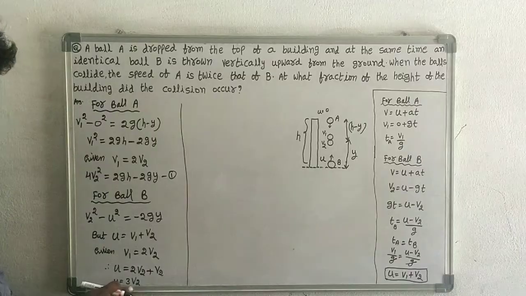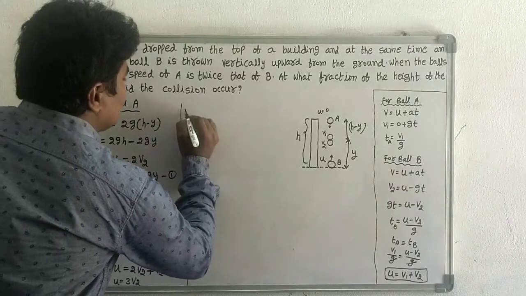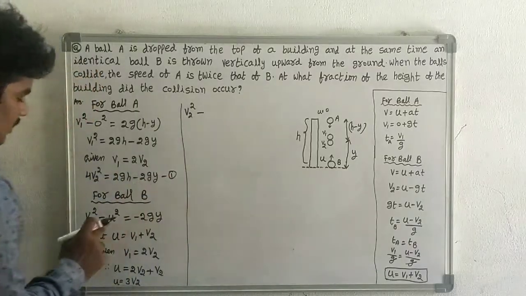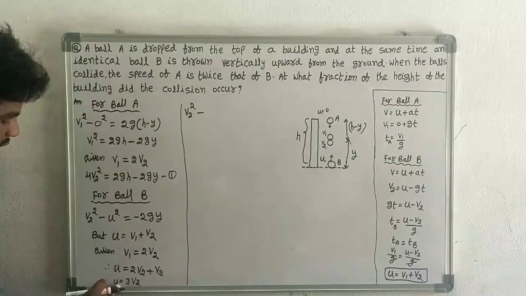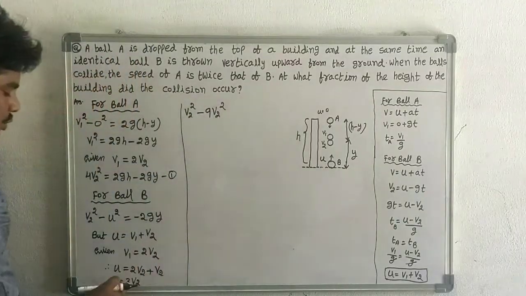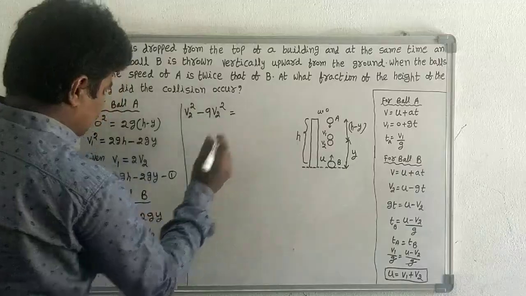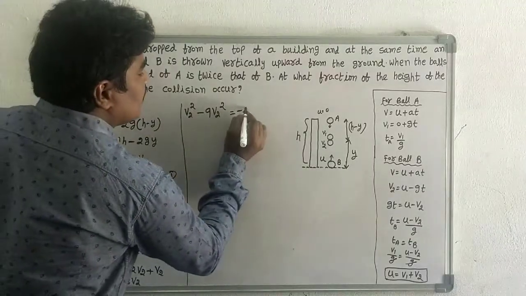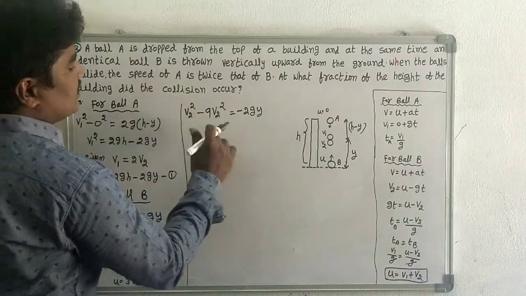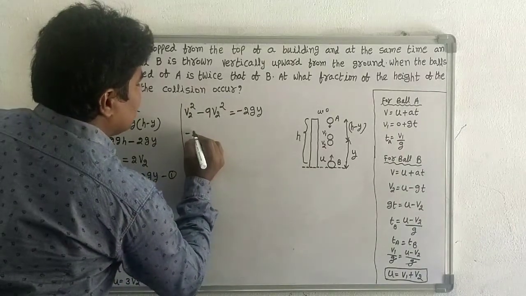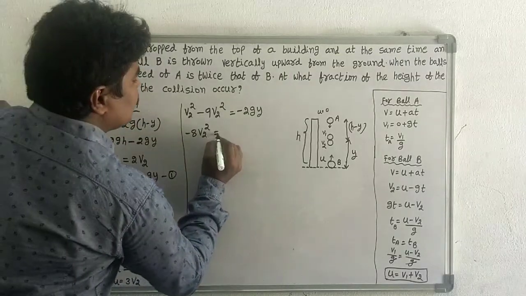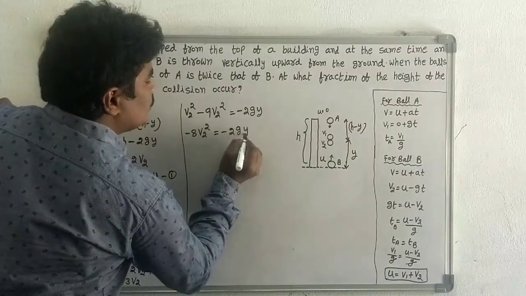We substitute this value in this equation. So v2 square minus u square, where u square means 9 v2 square, is equal to minus 2gy. v2 square minus 9 v2 square, that is minus 8 v2 square, is equal to minus 2gy.